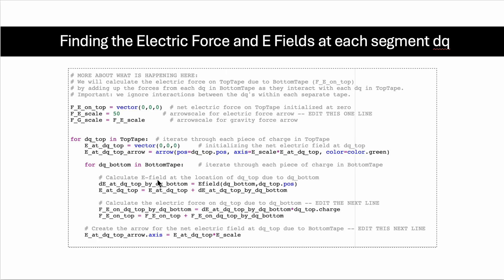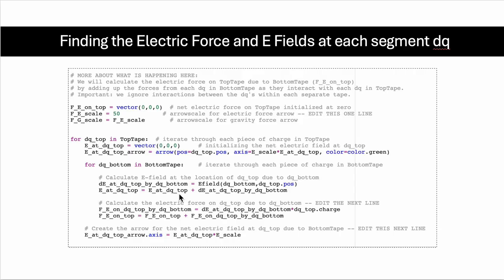Okay, so finding electric force in the E fields at each segment, and we're saying each segment is just dq. So basically, we just iterated through each segment of the top tape. We then iterated to find the E field due to each segment of the bottom tape on that segment on the top tape.